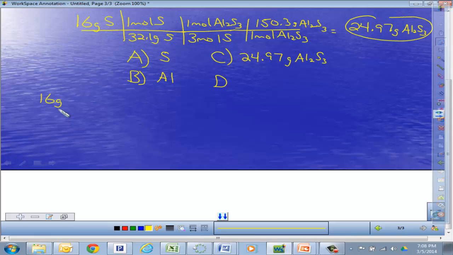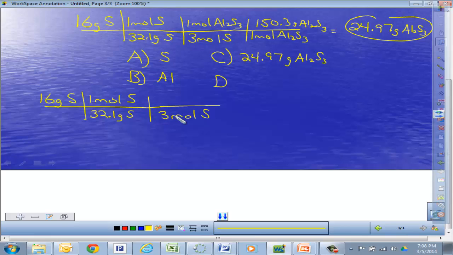I'm now going to start off with my limiting reactant, which is going to be sulfur. And again, all chemical reactions proceed by the limiting reactant. So I'm going to start off with my 16 grams of sulfur. 1 mole of sulfur is going to be equal to 32.1 grams of sulfur. Again, from my balanced chemical equation, 3 moles of sulfur.